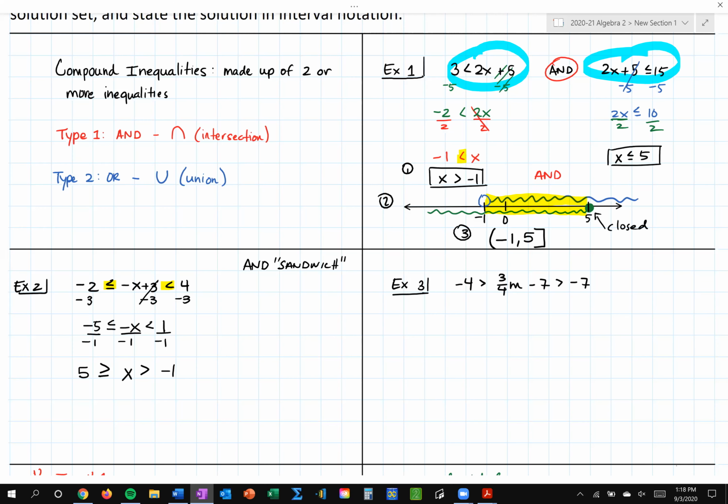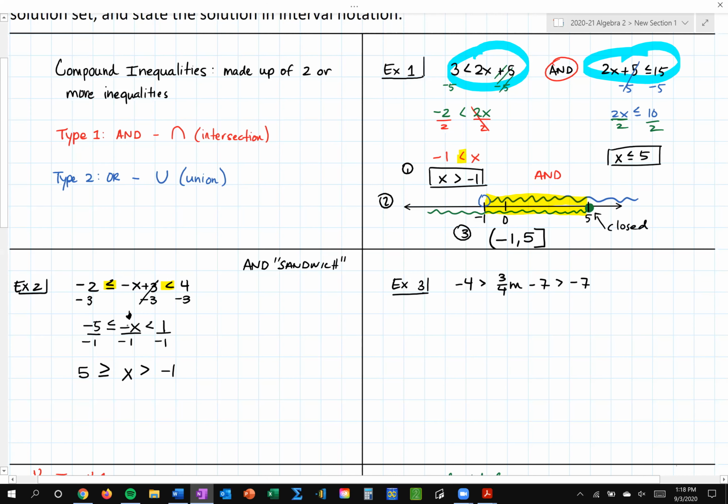Okay, which part? The negative 1 part. Okay, so you see that I divided by negative 1 because x was negative x. I want x to be positive, right? I want x to be alone. So in order to get rid of the negative, I had to divide by negative 1.